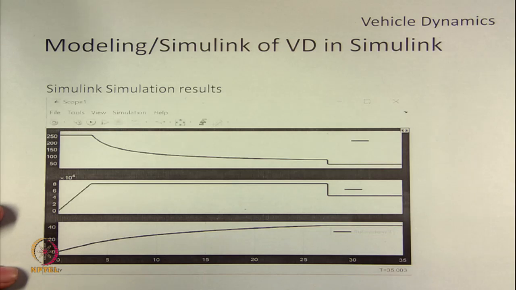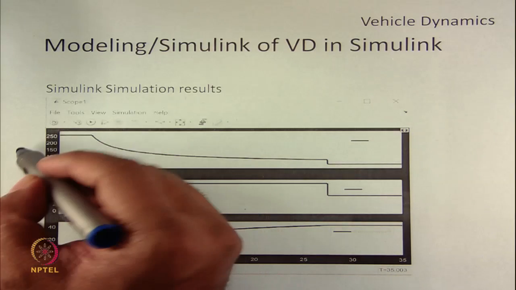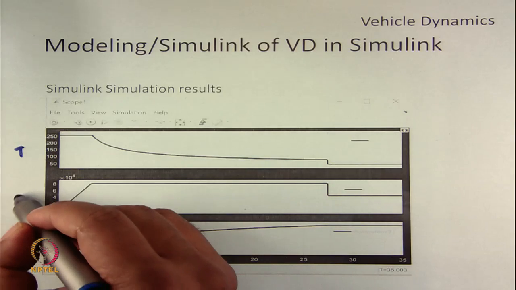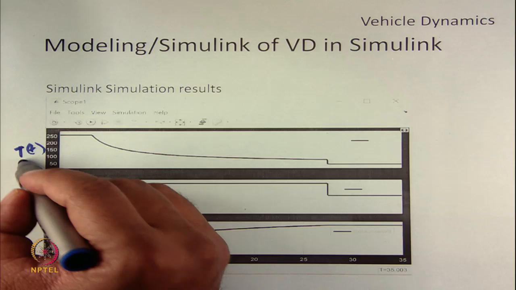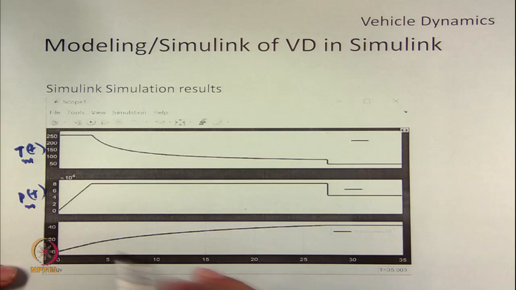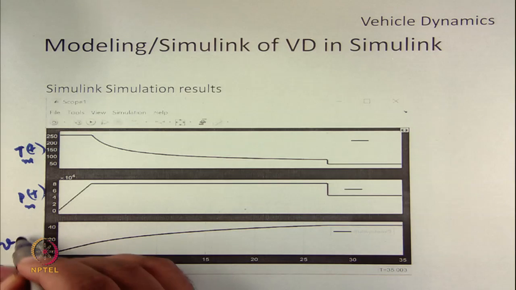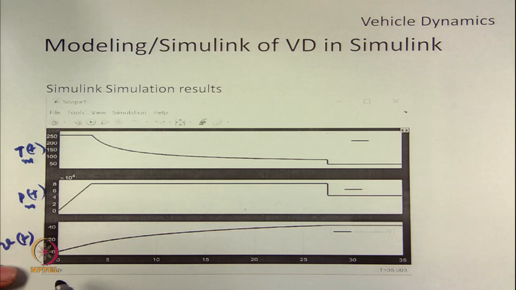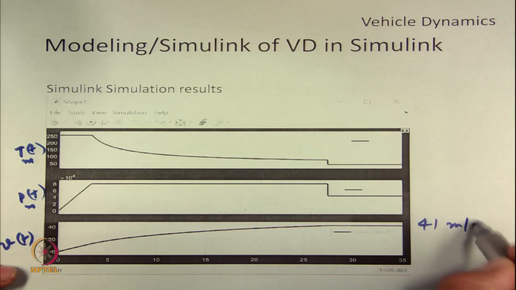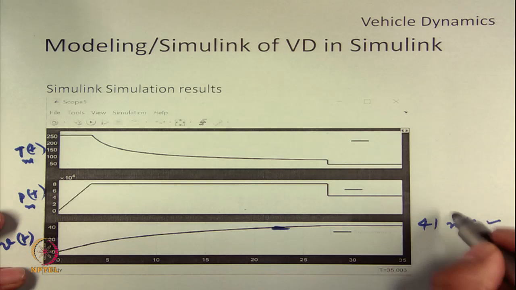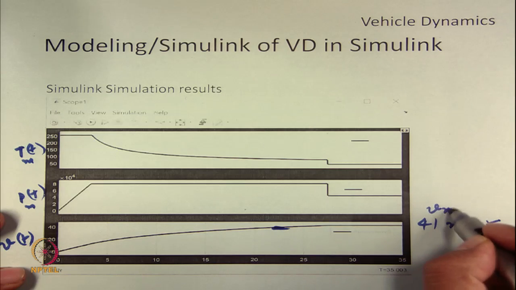So, in this graph, in addition to torque and power as a function of time, we can also plot the velocity of the vehicle. It increases from 0 to 41, basically 41 meter per second. So, this is V max.